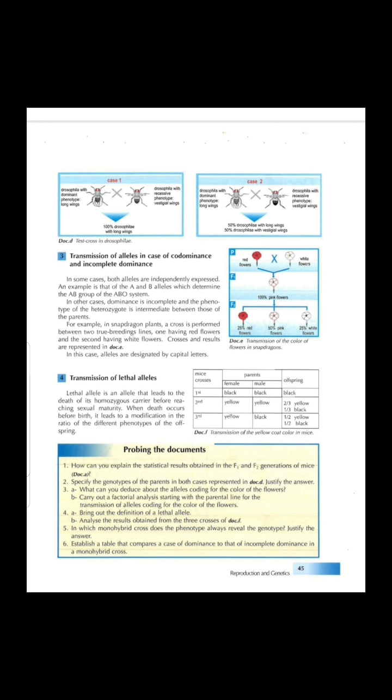Codominance is different from that. Codominance means I have a red flower crossed with a white flower, and I get a white flower pigmented with red.